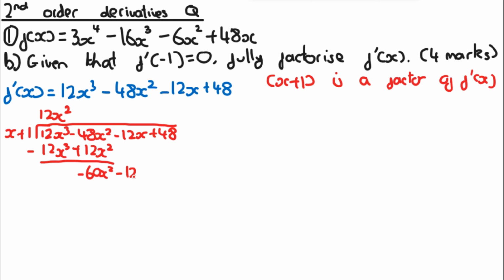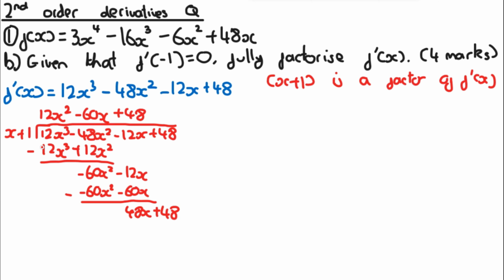And then bring this down. This will be minus 60x, and then minus 60x squared minus 60x, which is going to be, again, these two cancel out, and then it's going to be minus 12x plus 60x, which is going to be equal to 48x, and this is plus 48, and then this will be plus 48.